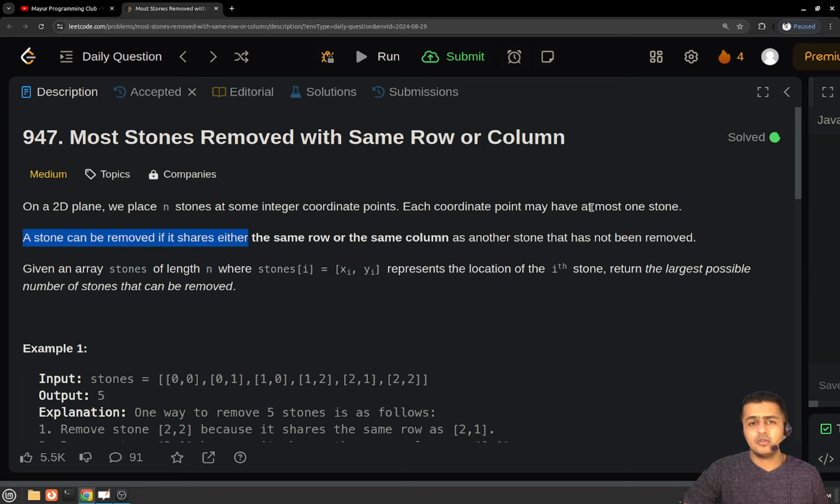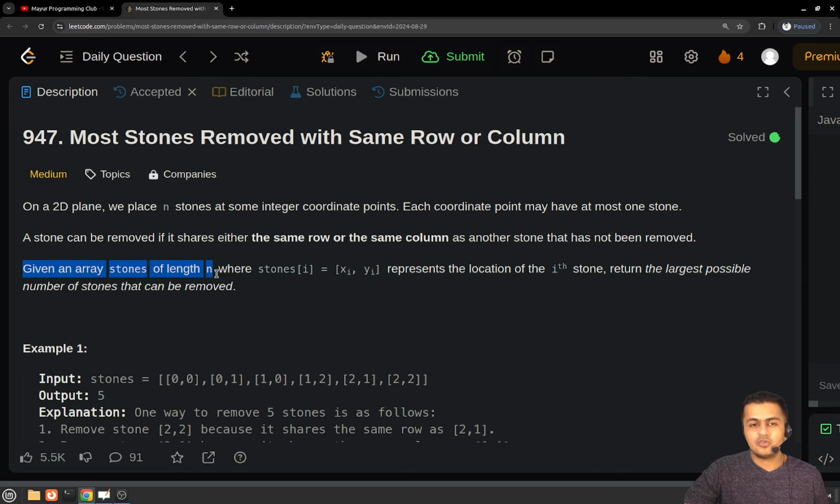Basically only zero or one stone can be there at a particular coordinate. And a stone can be removed if it shares the same row or the same column as another stone that has not been removed.